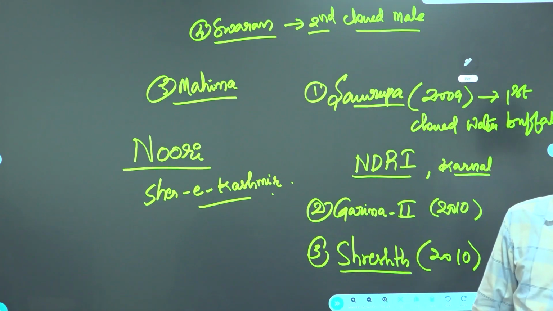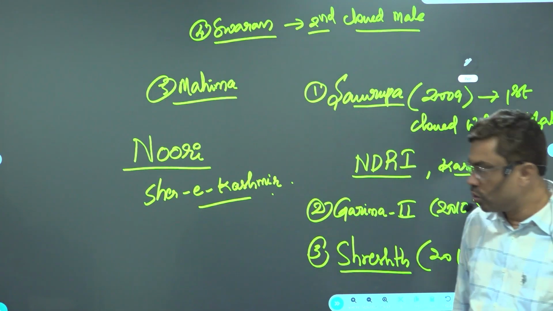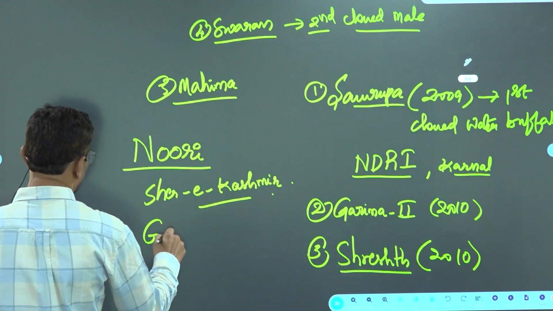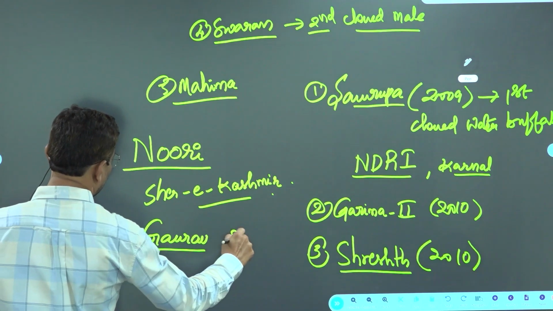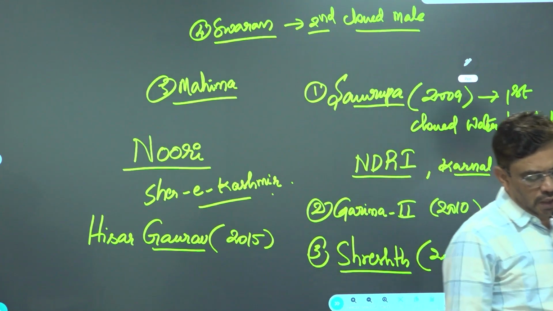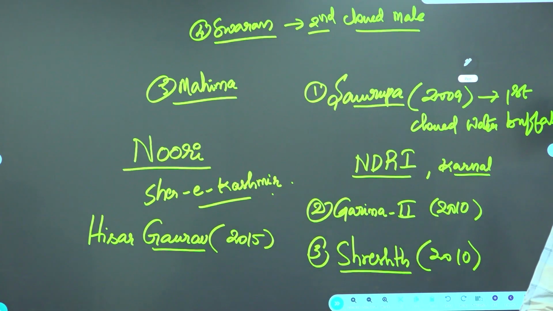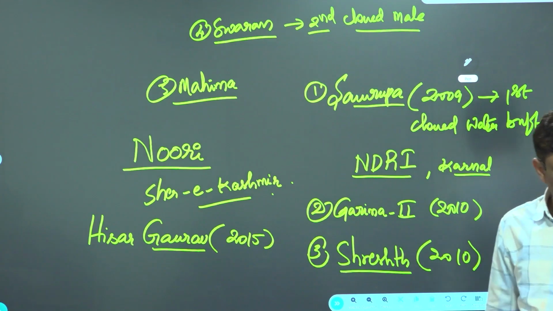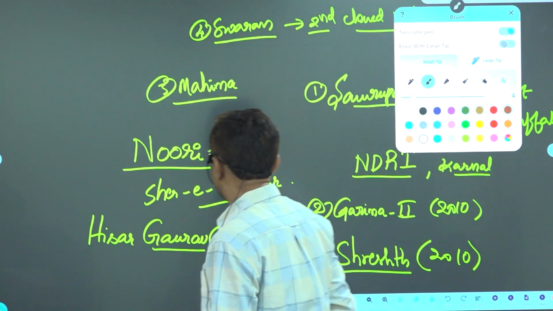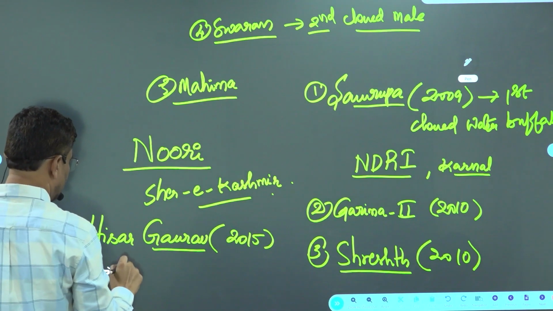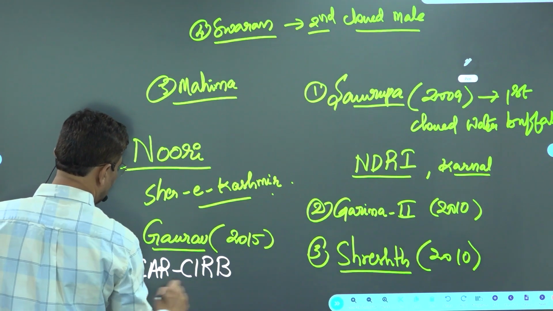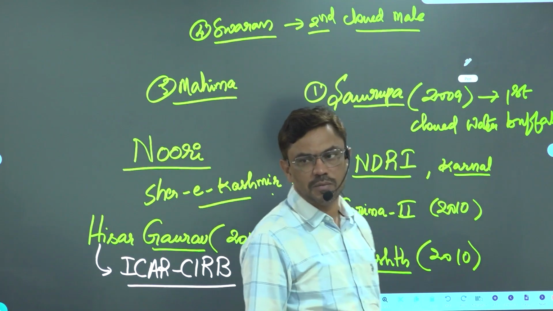And next, Hisar Gaurav, 2015. The cloned buffalo developed by the scientists of ICAR CIRB.